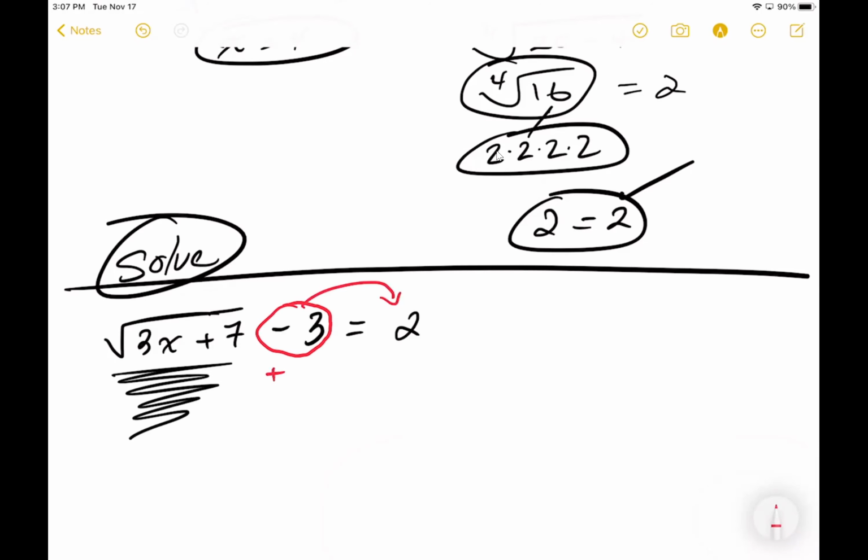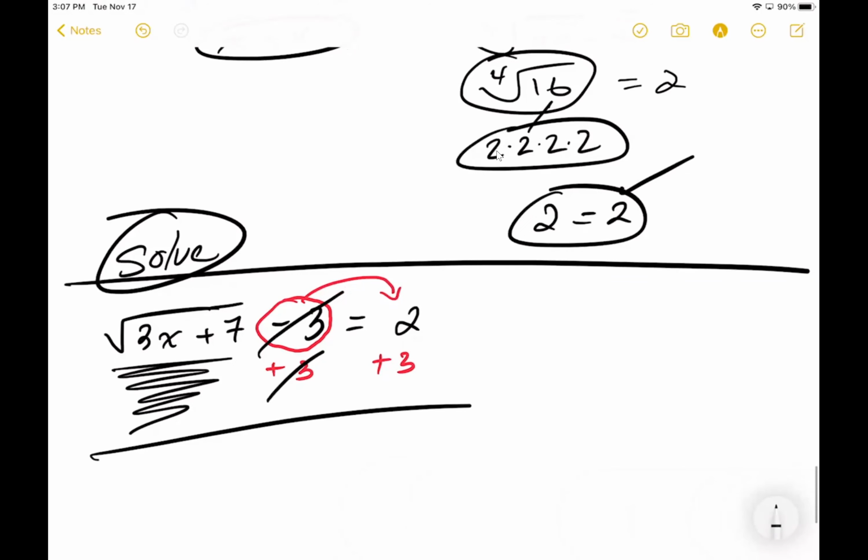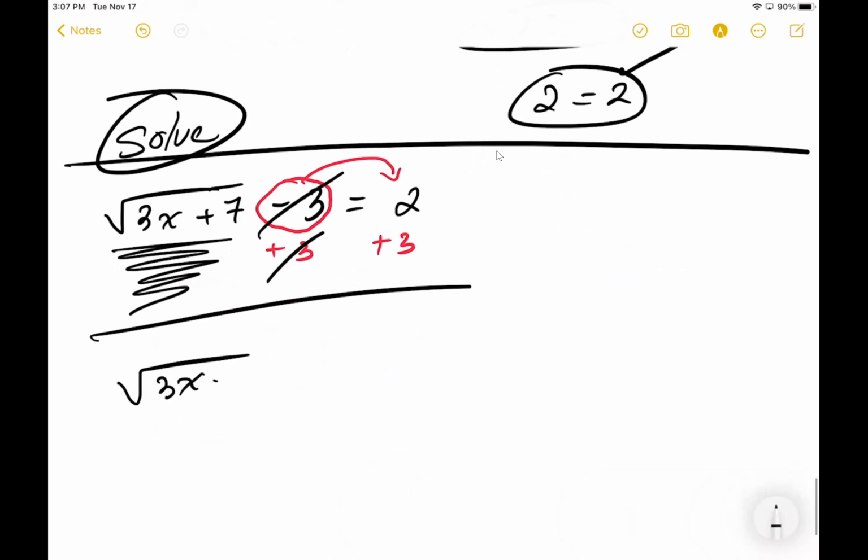We need to add. If we add this item here, we have the square root of 3x plus 7 equal to 5. Coincidentally, ladies and gentlemen, it worked out to be a whole number.